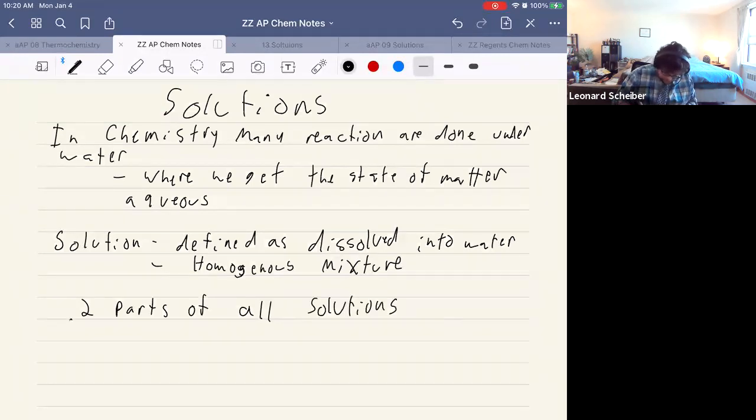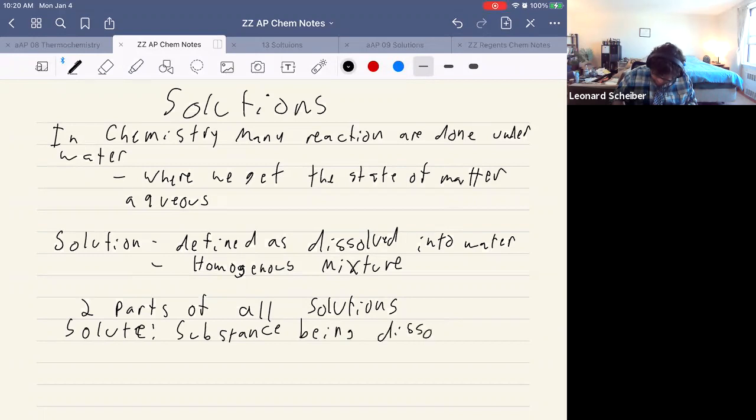The first part is the solute. And the solute is the substance being dissolved. Whereas the solvent is the substance doing the dissolving.